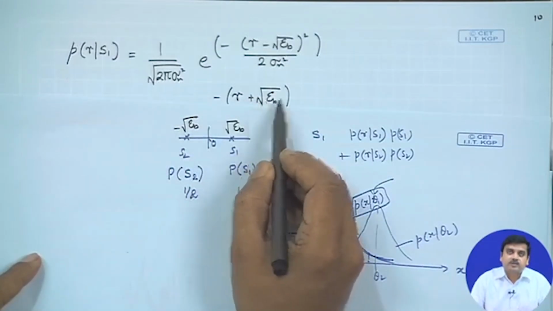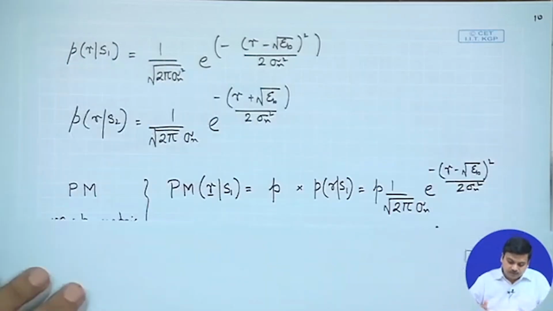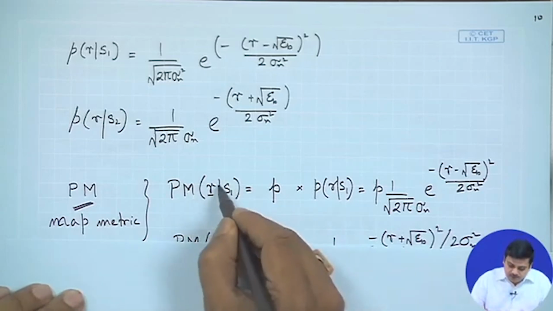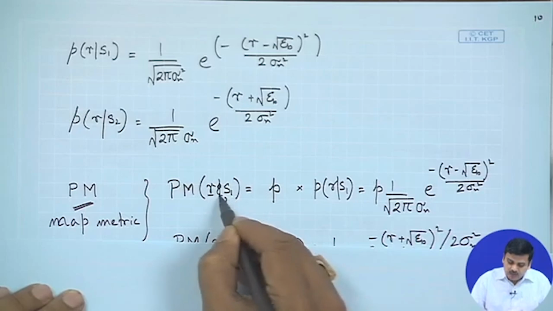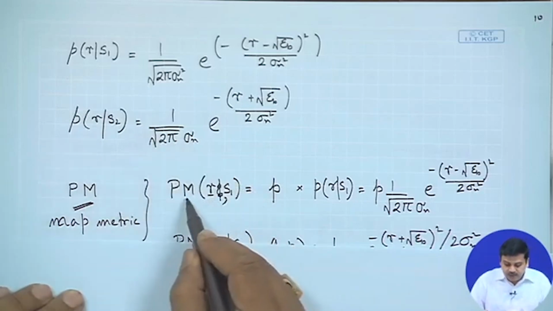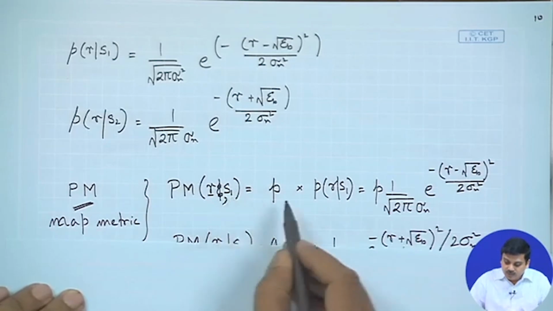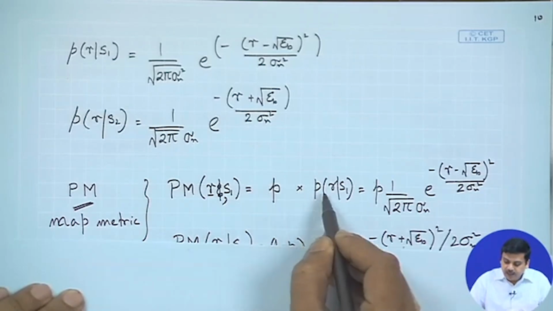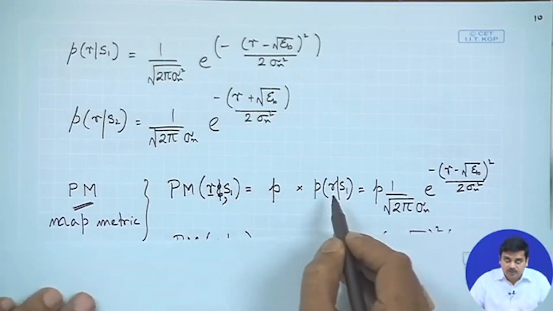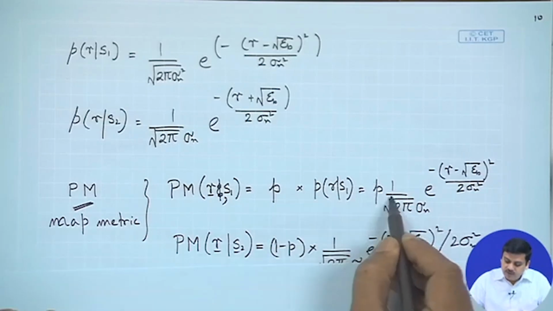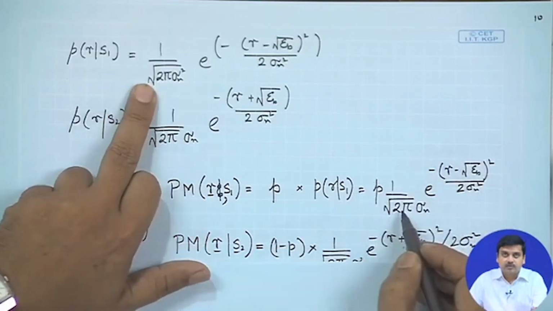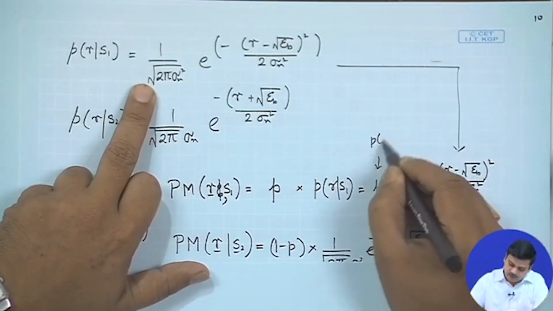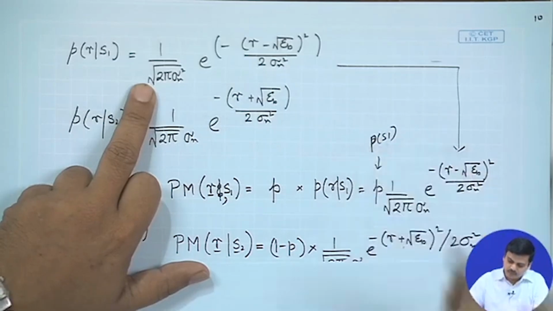So, the MAP metric, the probability metric of R and S1, would be P, the probability of sending S1, multiplied by the probability of R given S1, whatever we have over here.